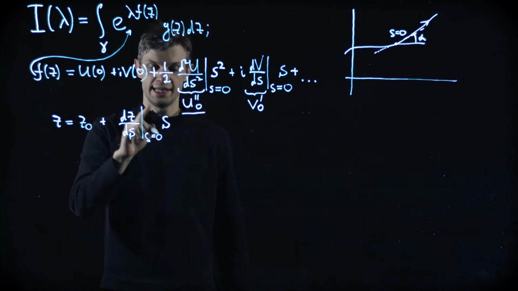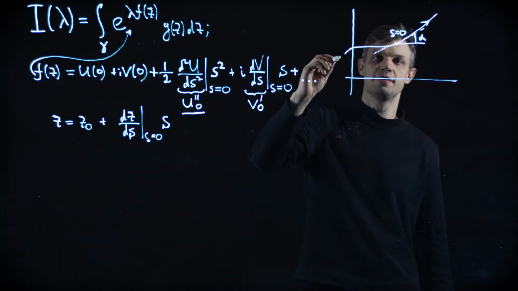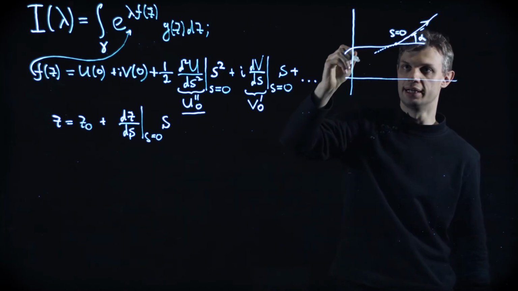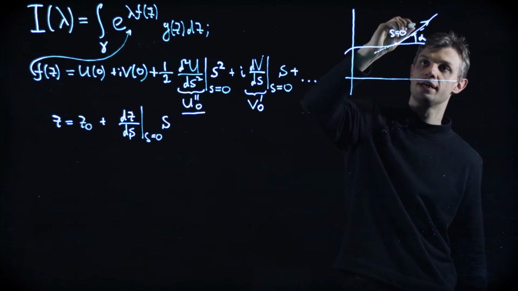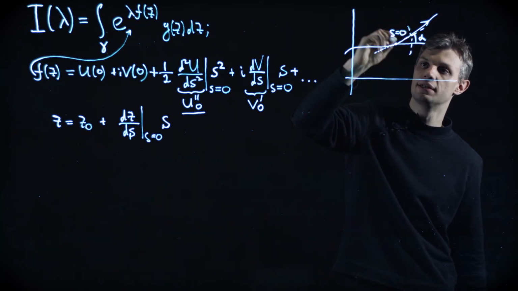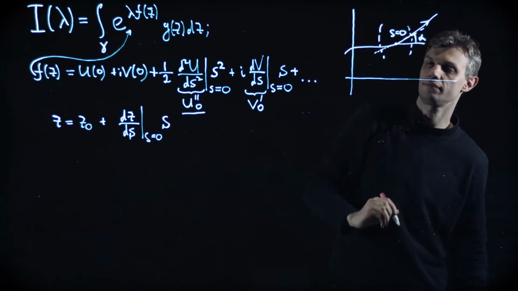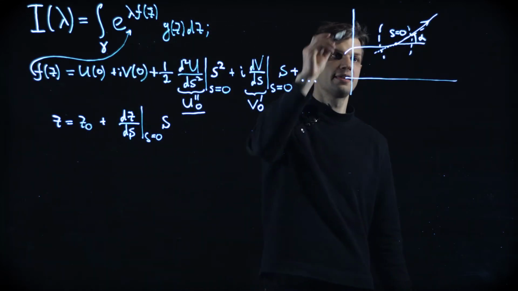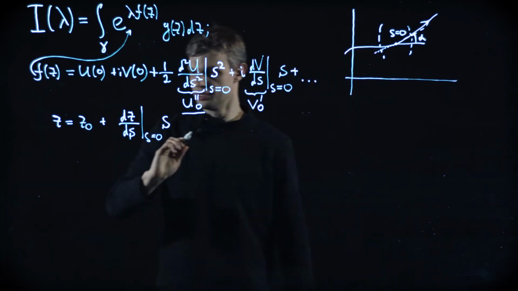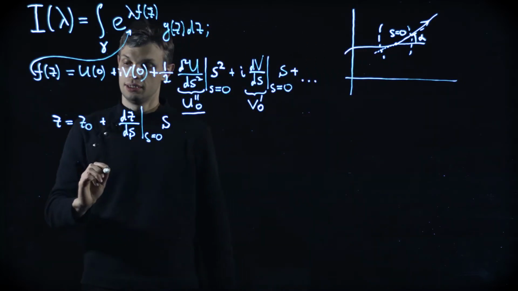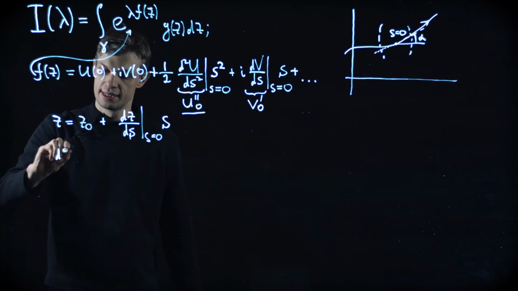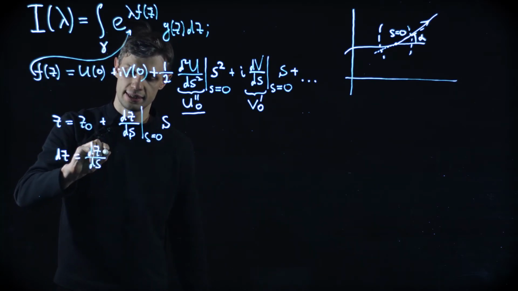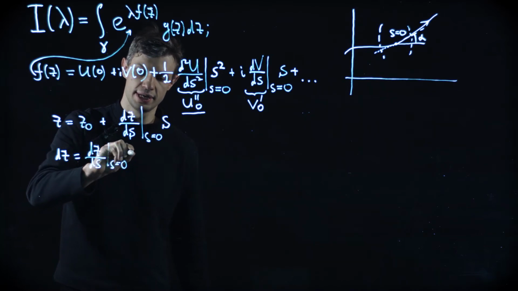What it does basically is substitute the full curve of the contour with a straight line. But since we are only interested in the narrow vicinity of this point, it's enough, because these tails won't contribute to the integral itself. So here we go. dz is equal to dz over ds, taken at s equal to 0, times ds.